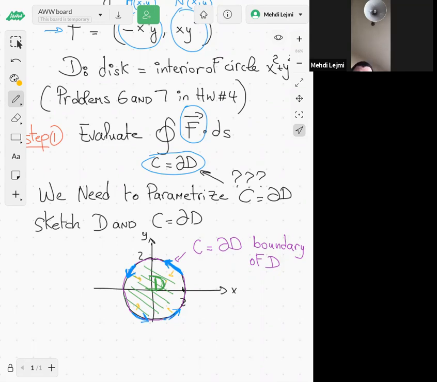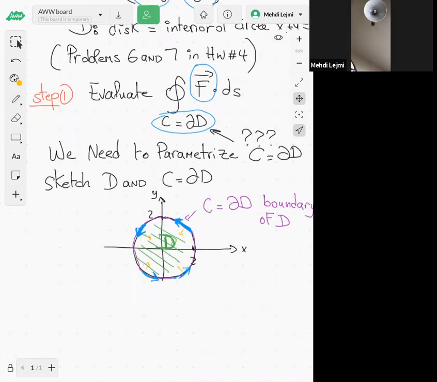Now we have to parameterize C. C is just the circle x squared plus y squared equals 4. How do we parameterize circles? We're going to use cosine and sine.